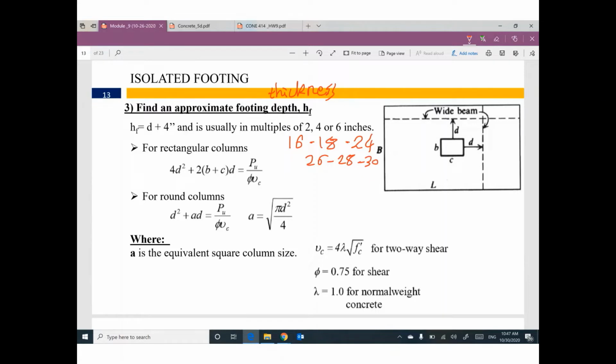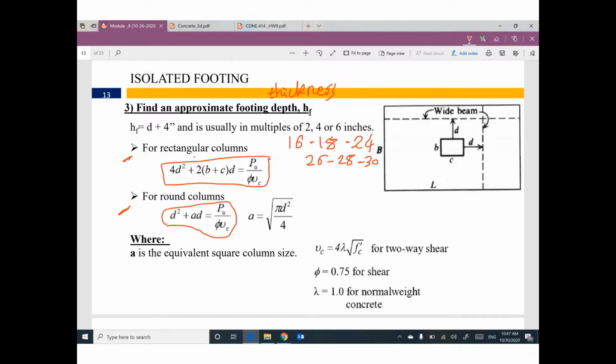But for isolated footing, we have some guide. If the column is a rectangular column, I can use this expression to help me figure out a depth. If the column is a circular column, I can use this expression to help me figure out a depth.